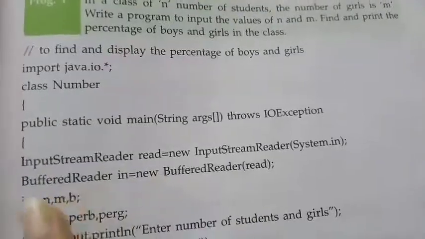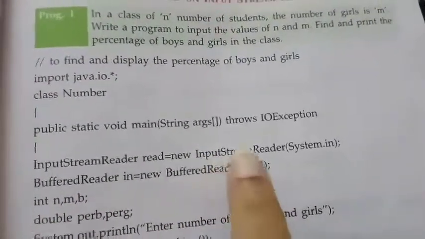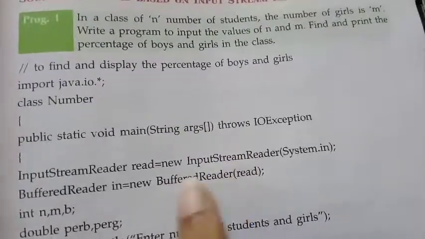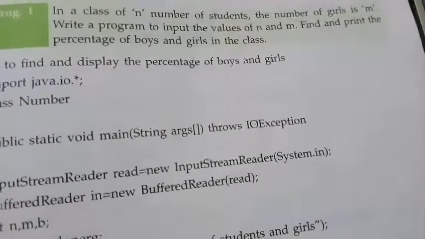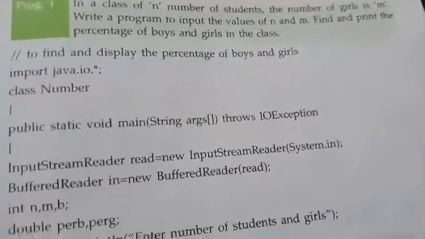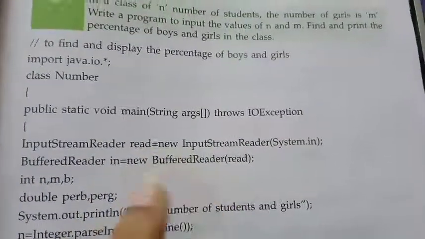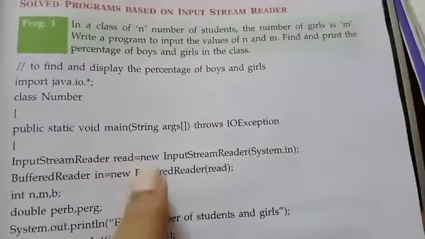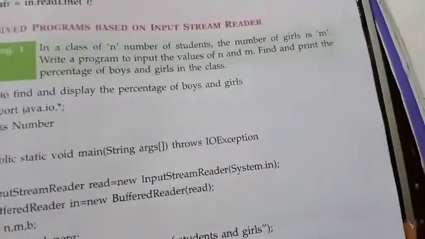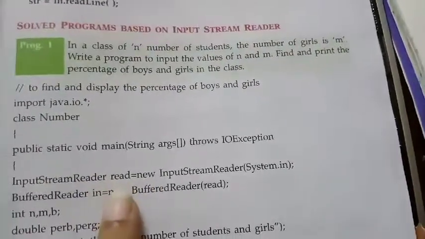For that only we are using this buffered reader, because each device will have a certain time limit to input the data and output the data, to process the data. So to avoid that time mismatch, because of time mismatch your data may also be changed, because this input stream reader is going to take your data bitwise. So if a single bit changes also, the value changes, right?